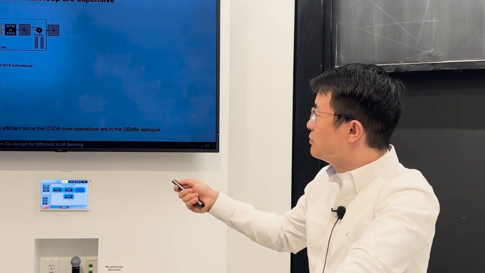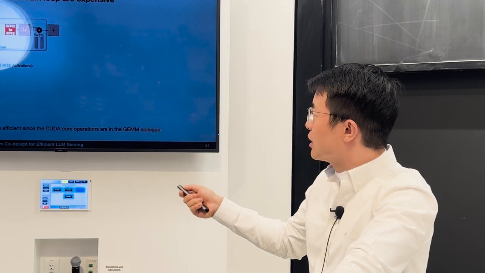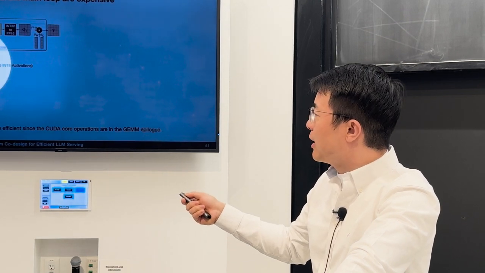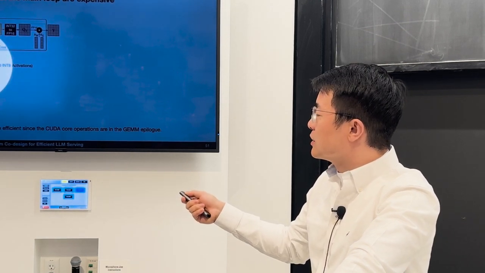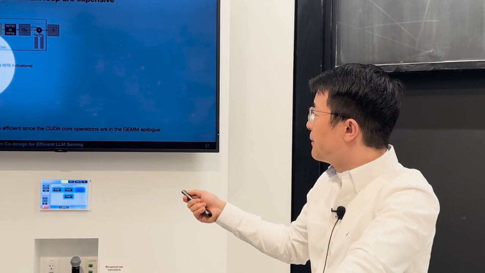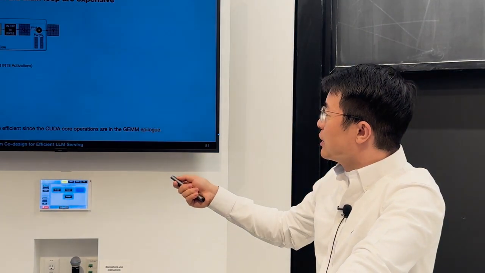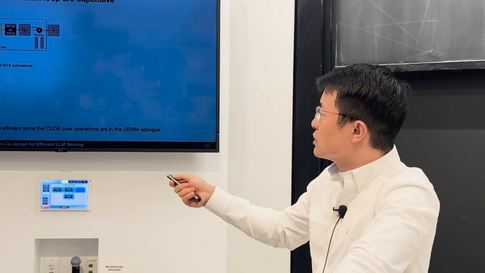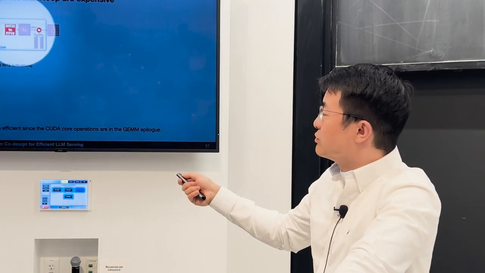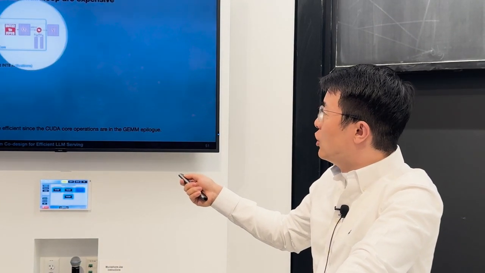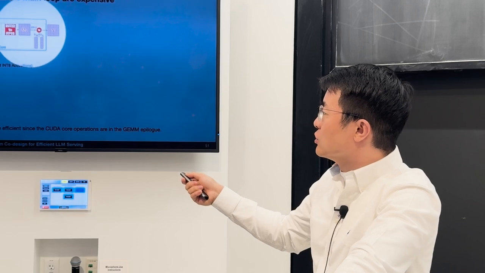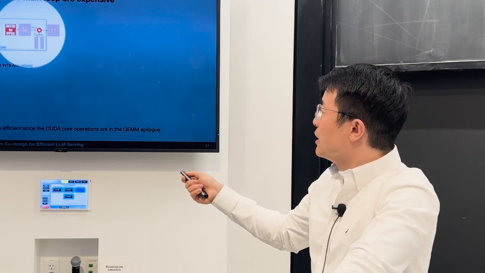This is the main loop, and this is the epilogue. This is TensorRT-LLM, the framework from NVIDIA, with int8 weights and int8 activation. The main loop is all processed in int8 (orange means int8, red means FP16). Only in the epilogue do we do the scaling on the CUDA core. So this is actually pretty efficient.